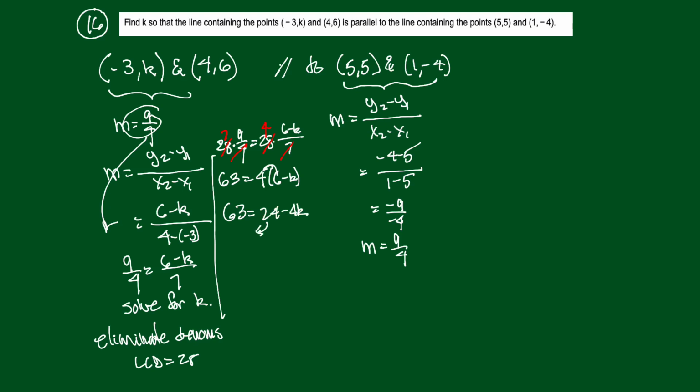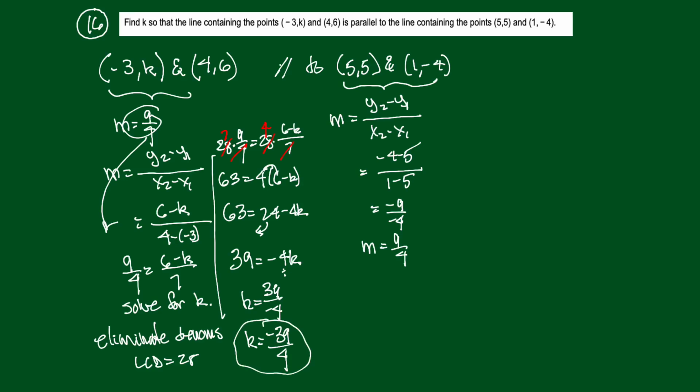Let's subtract that 24. So we are going to get 39 is equal to negative 4k. Divide, and we will get k is equal to 39 over negative 4, but I'm going to put the negative on the top, getting negative 39 over 4. All right, so there's my k.